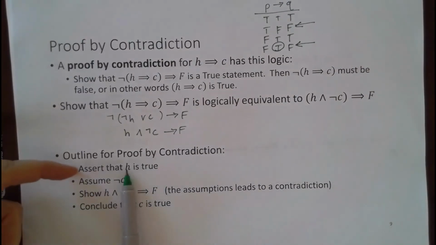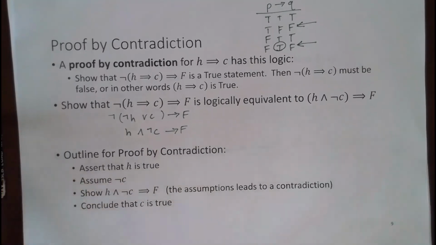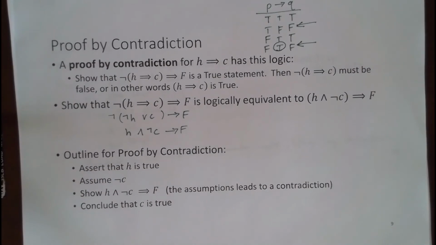So it's this idea. We say, well, H is true. I'm trying to show that C is true. But let's just entertain the idea: what would happen if C wasn't true? What if C was false? And you say, well, if C was false, then this bad thing would happen. It's impossible. We can't have C be false. So C really must have been true.